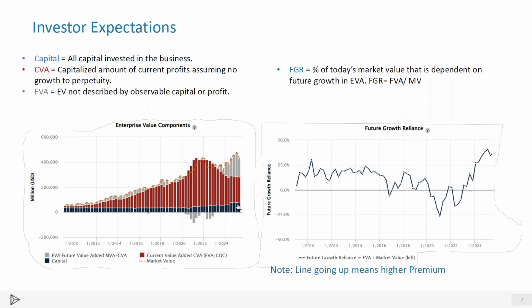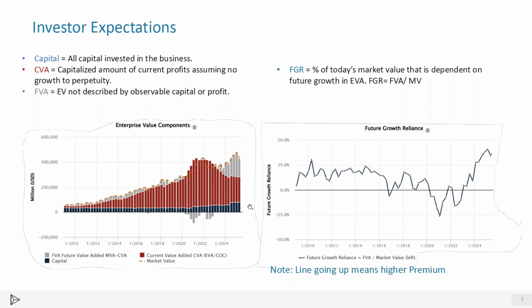So if you think of the blue bars as what you own as the investor, we then think about the earnings story. Looking at those red bars, current value added, which is taking today's dollar of EVA divided by the cost of capital, assuming no growth in perpetuity.